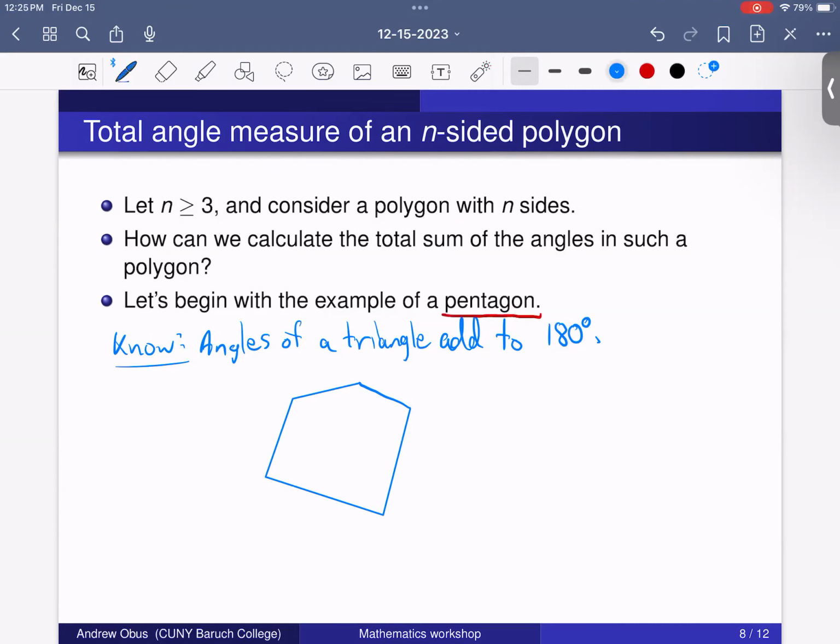Well, the trick, and this is what you do a lot of times whenever you have anything involving polygons in geometry, is you always try to reduce it to the case of triangles. So what I can do here is take any point in the middle of the pentagon, and draw the lines from that point to each of the vertices of the pentagon.